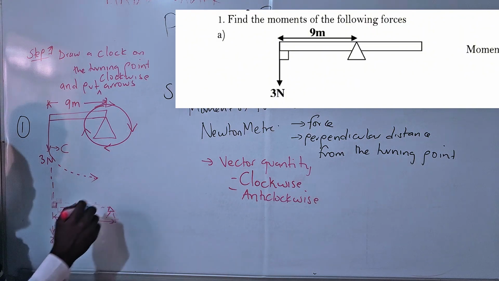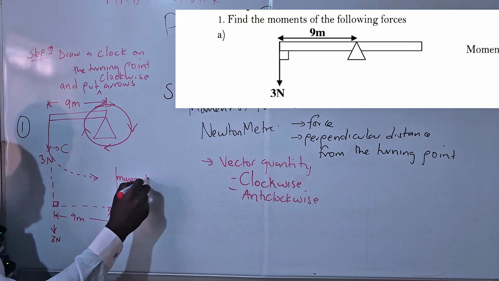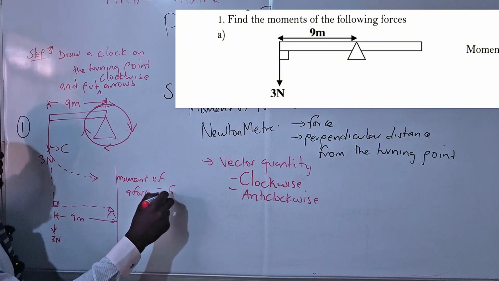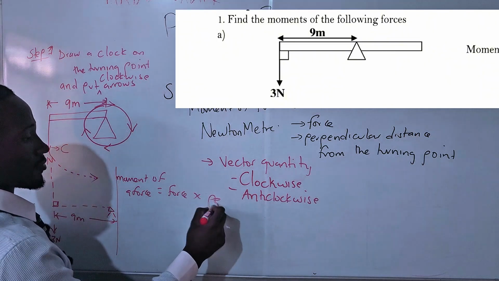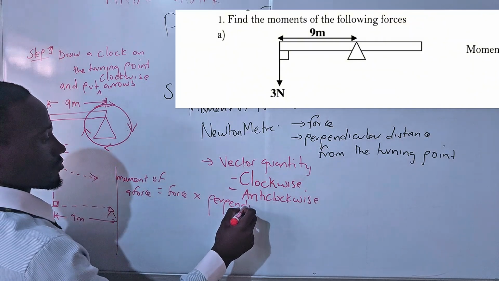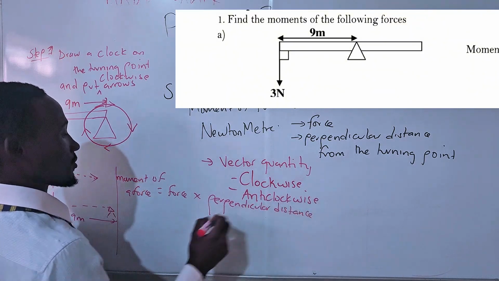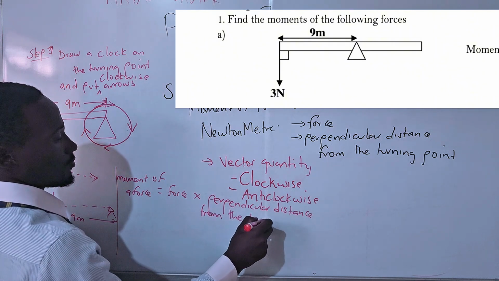So when we are calculating the moment of a force here, we are going to say moment of a force is equal to the force times the perpendicular distance from the turning point.